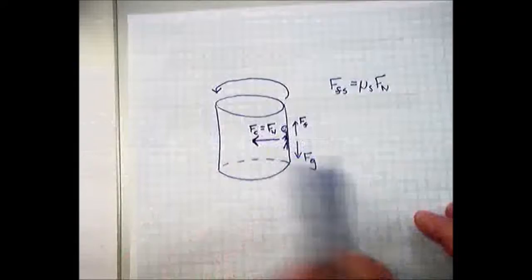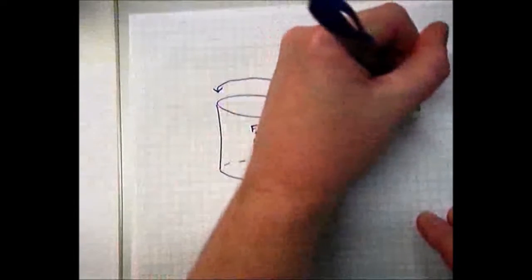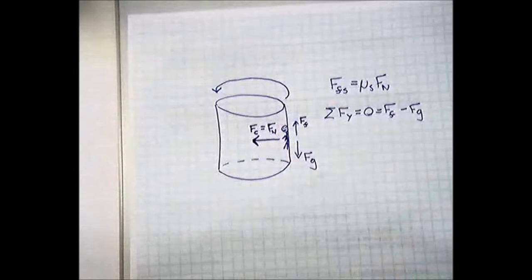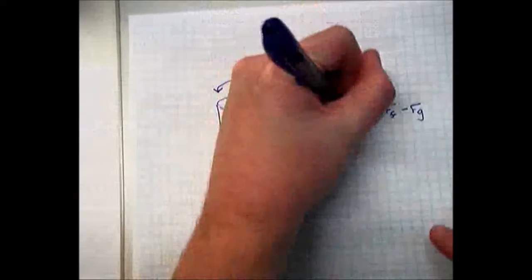If they're stationary against the wall, not sliding up or down, the sum of our forces in the y direction has to be equal to 0. A vertical force is friction. Friction goes up against gravity, and gravity is pulling downwards. So they balance each other out, so they have to be equal.